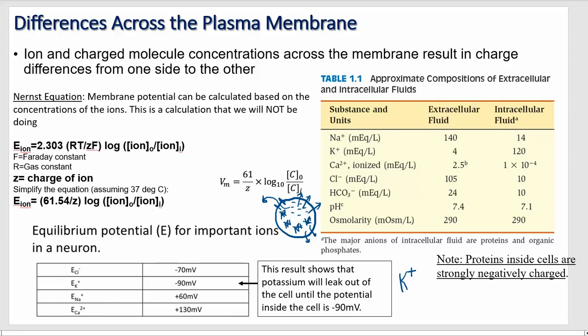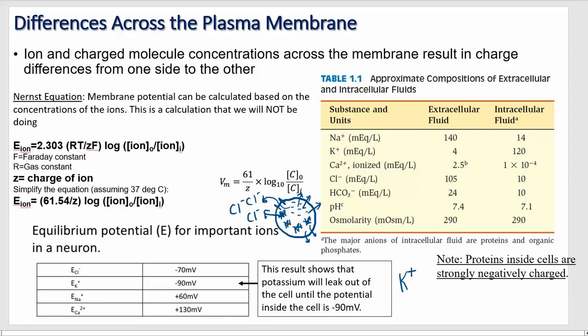Now, if we look at some of these others, chloride is actually happy exactly where it is. It says, okay, it's negative on the inside, I have no real interest in going in there, but there's a lot of chloride out here, so I kind of have an interest in going in. Its equilibrium, where it won't move in or out, or it moves both ways but is at equilibrium, is at minus 70.